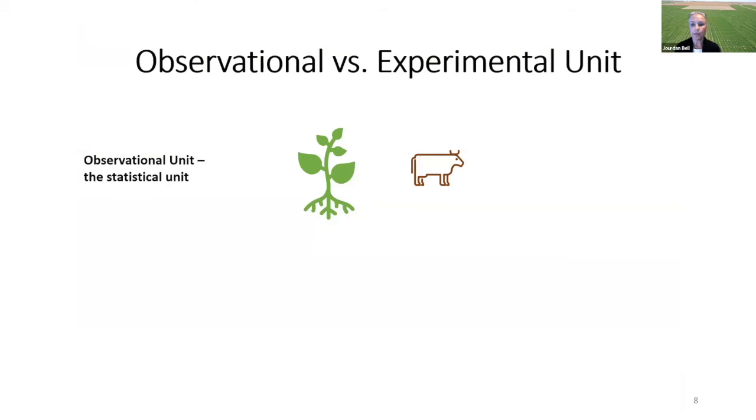So also, as we think about experimental design, it is important that we have a basic understanding of the terminology that we do use, especially when we talk about the observational unit versus an experimental unit. So the observational unit is actually the statistical unit. It can be plants or livestock, whatever it is that you are evaluating.